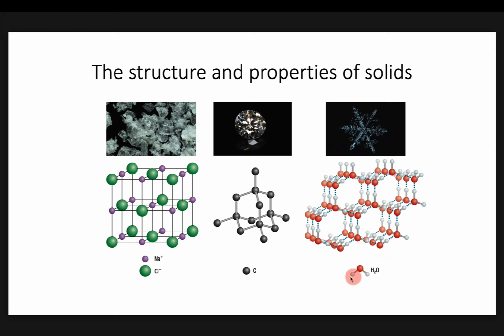Then we also have an example of a molecular crystal on the right. A molecular crystal is just a crystal that's made up of molecules instead of ions, and this molecular crystal in particular is an ice crystal.